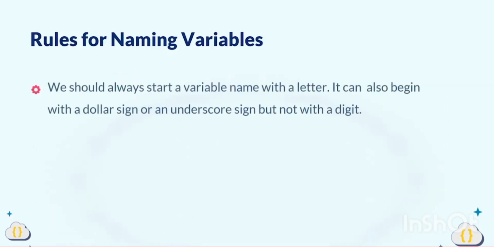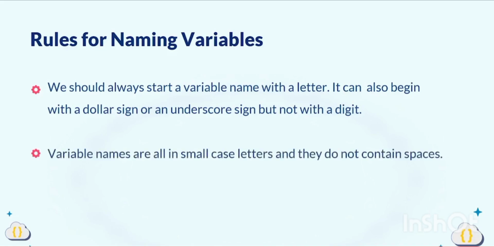Another rule says that we should always start a variable name with a letter. It can also begin with a dollar sign or an underscore sign but not with a digit. Next rule says that variable names should all be in small case letters and they do not contain spaces.